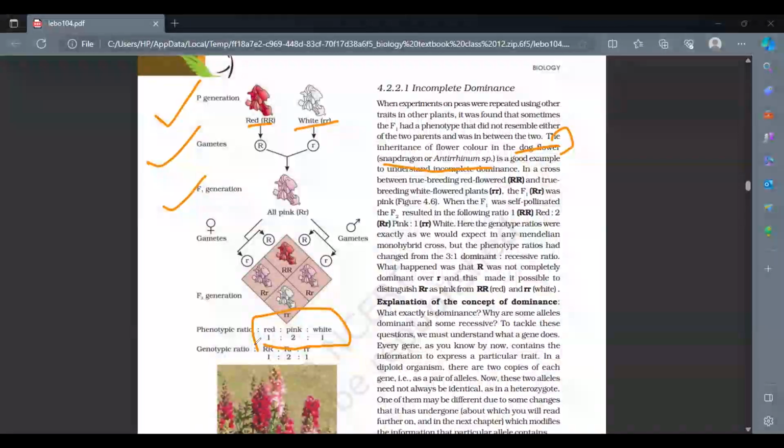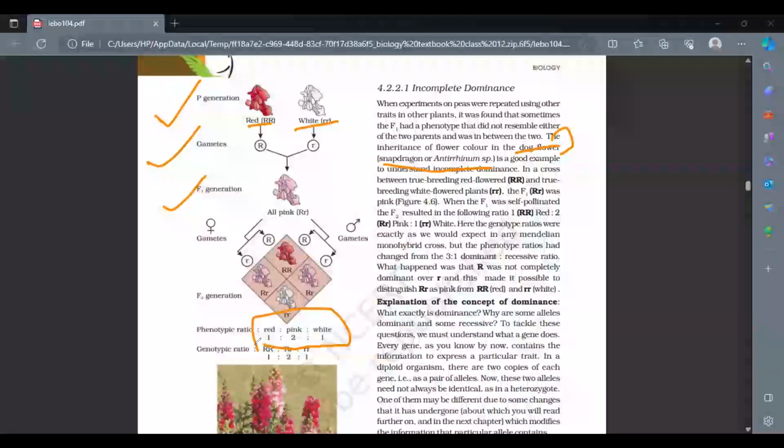Okay, so why didn't the dominance happen? Because both the genes have expressed themselves in some way. It was a white gene also that was expressed, it was a red gene also expressed. It was expected that only the red gene will be expressed. That didn't happen. So it is a combination of both the genes that was there, and this dog flower was having a pink color flower that was absent in the parental generation, right?